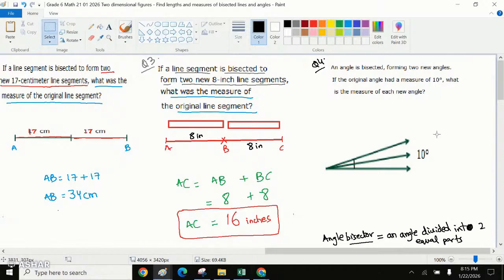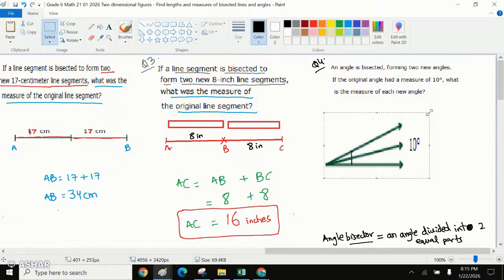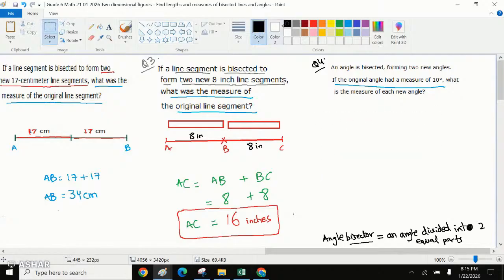So in the original question they are saying that an angle is bisected to form two new angles. If the original angle had a measure of 10 degrees, I'll just draw this over here again. If we have an angle that was 10 degrees, what is the measure of the two smaller angles when they're bisected?